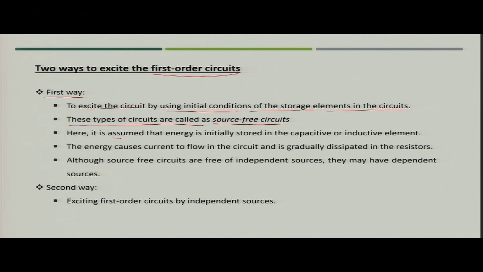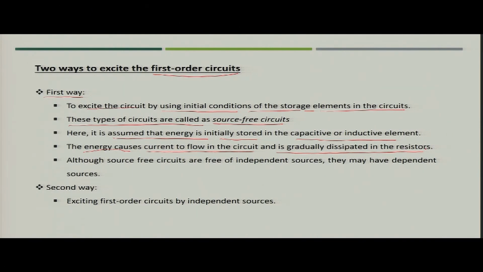We assume that energy is initially stored in those elements, and this energy will cause current to flow in the circuit and gradually dissipate in the resistors, because in an RC or RL circuit, whether we have a capacitor or inductor, we will have a resistor either in series or parallel.